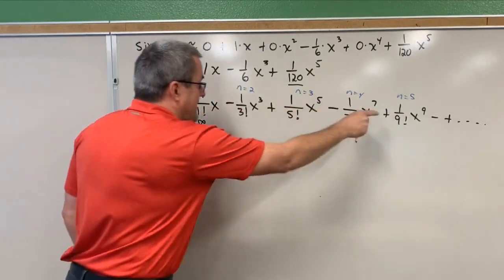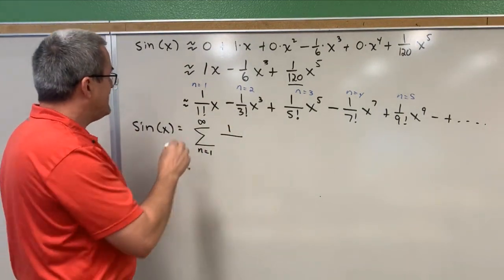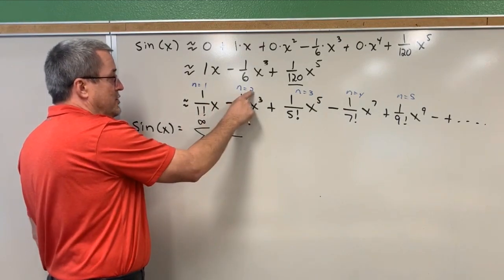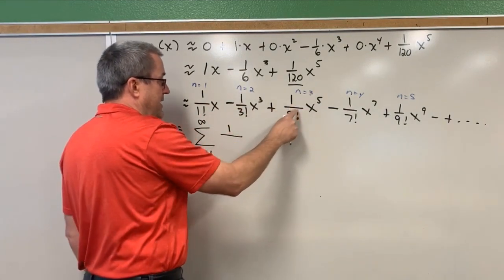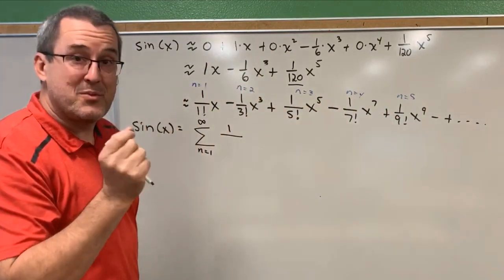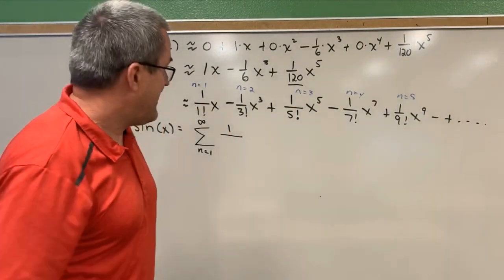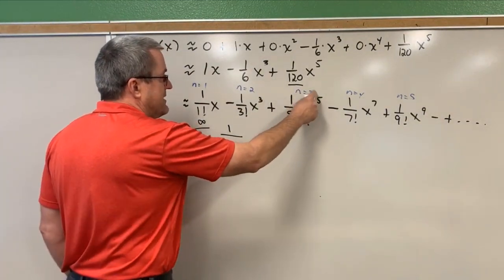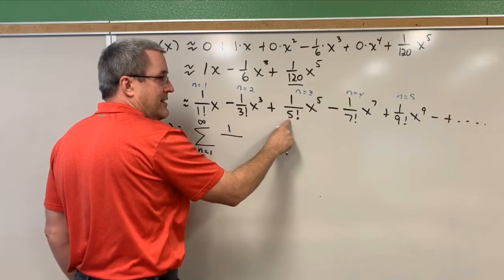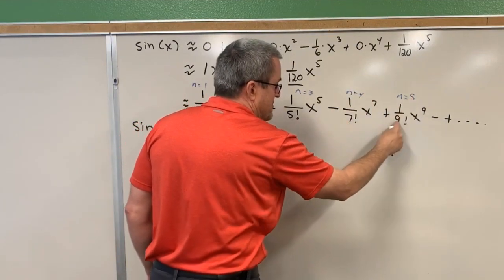Now let's look at the pattern here. Notice that each one of these terms has a coefficient of 1 over something. And the something that it's over, notice when n is 1, it's a 1 factorial. 2, 3 factorial. 3, 5. 4, 7. 5, 9. What's the relationship between the number of the term n and that denominator that we see? Notice if you double n, double 3 is 6, and subtract 1. Double 4 is 8, subtract 1 is 7. Double 5 is 10, subtract 1 is 9.